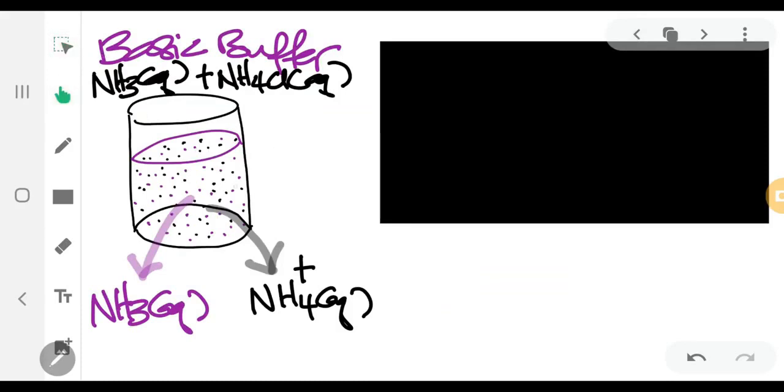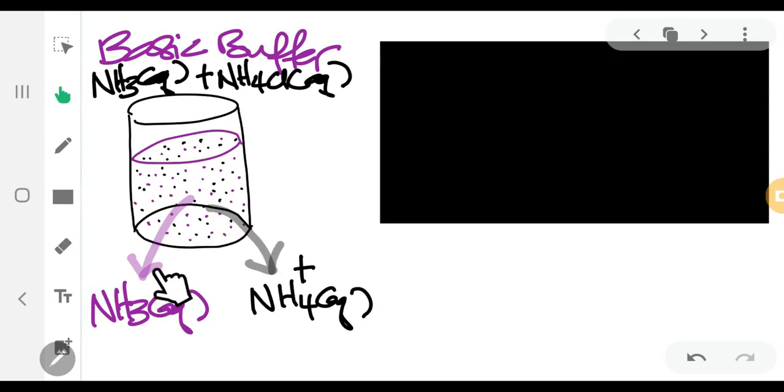So we do know that in your basic buffer solution, which consists of NH3 aqueous and the salts over here, there are 2 components that will be playing a very important role in maintaining the pH of your basic buffer. We have number 1, NH3 aqueous, and number 2, NH4 plus aqueous.